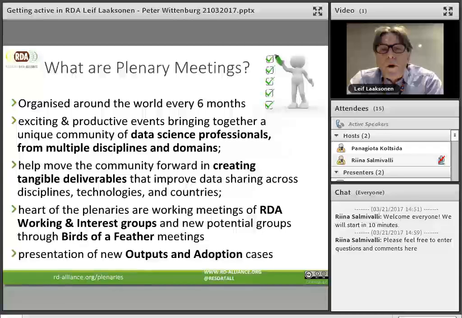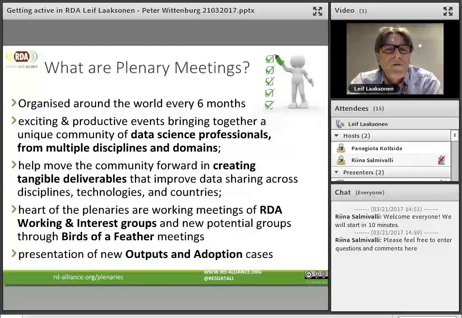The work done in RDA is to a very big extent at least coordinated or done also at the plenaries. RDA is organizing big plenaries every 6 months, and the idea is to have them a bit spread around the globe.